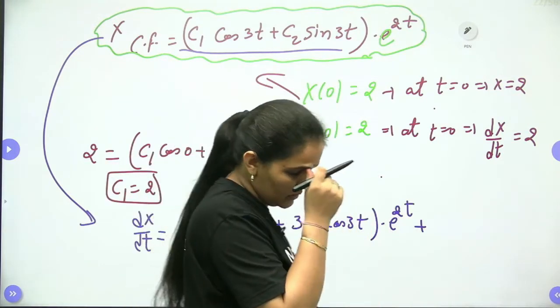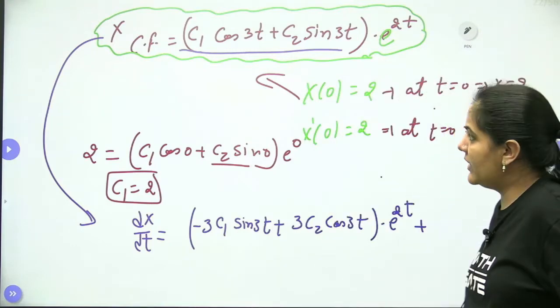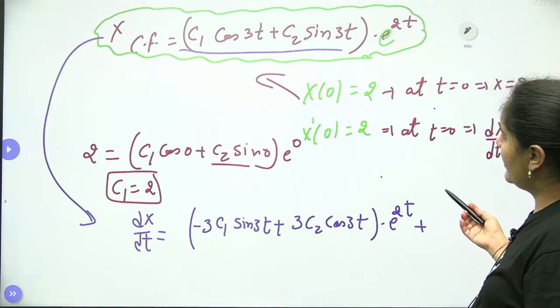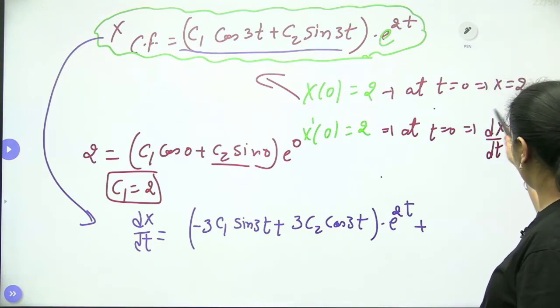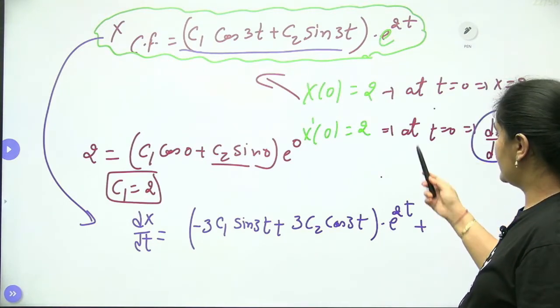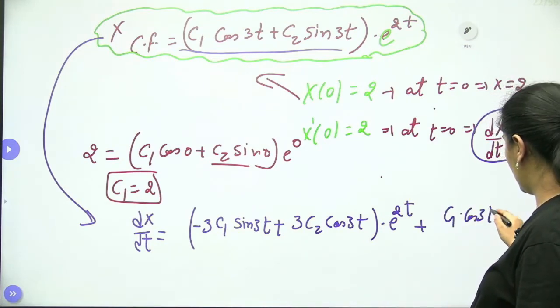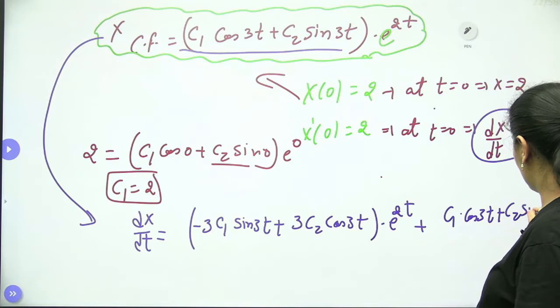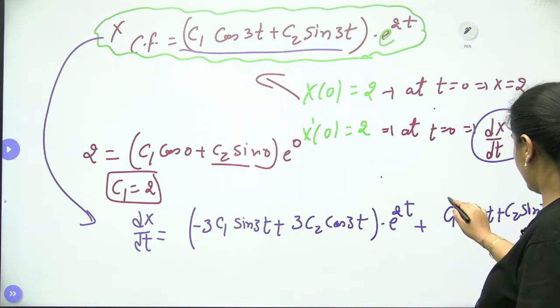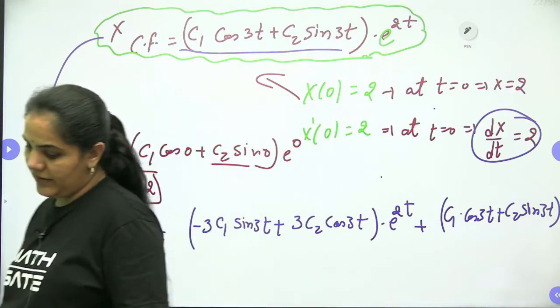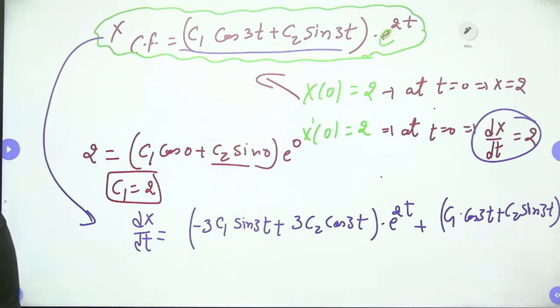When we approach this one, what will be the result? We will write down what the result is at dx by dt equal to 2. As these things are constant, c1 cos 3t plus c2 sin 3t, and when we have to differentiate this one, dear students, the differentiation will be, give me 1 minute.